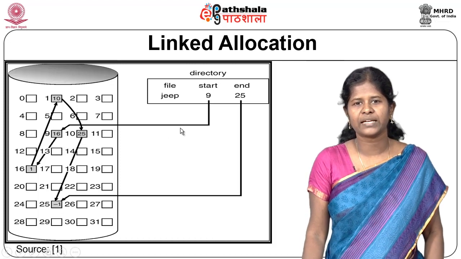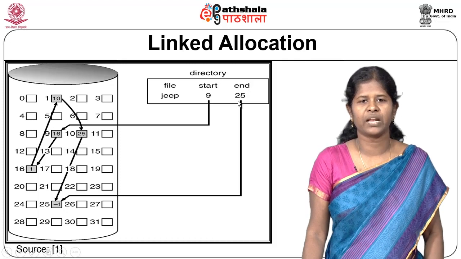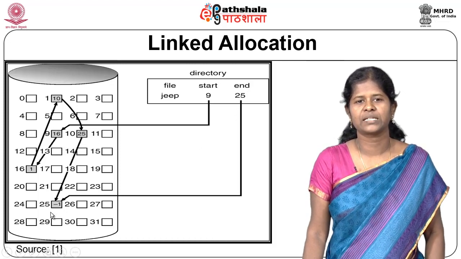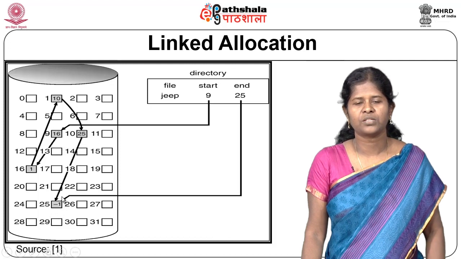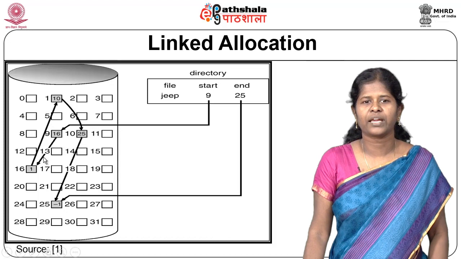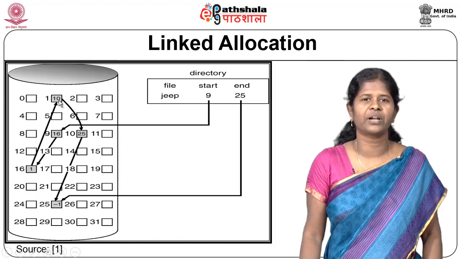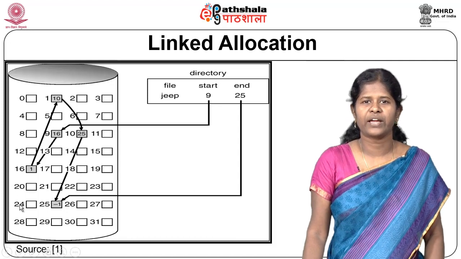And this directory entry also has information about the address of the last disk block where the file's contents are stored. So, here you can see that the disk blocks are not contiguous, they can occupy any place in the disk. The only thing is you have a pointer from one disk block to the other to find out where the next disk block is.